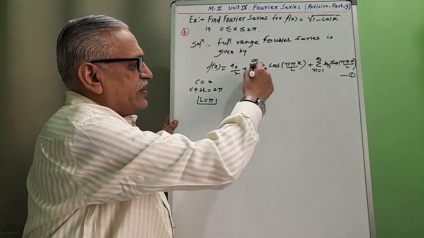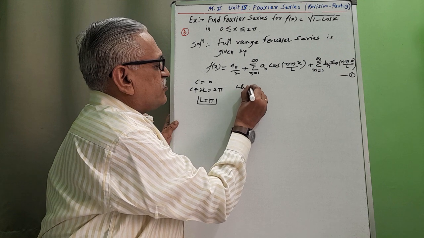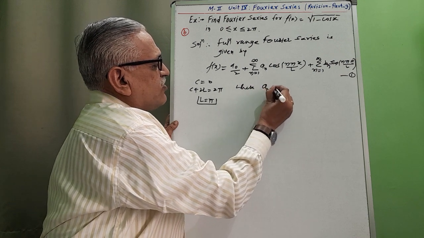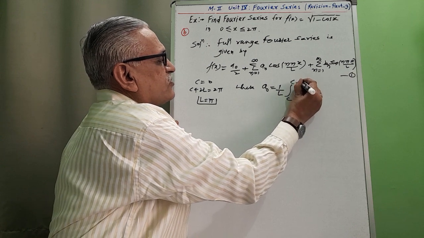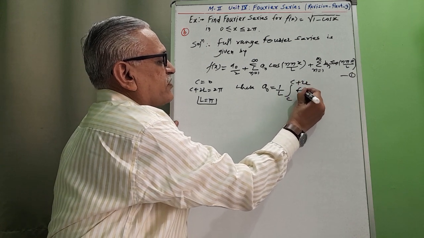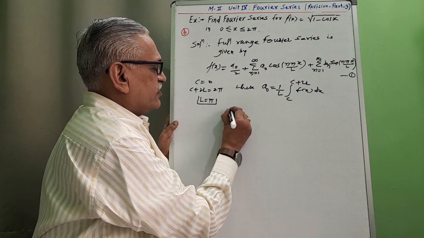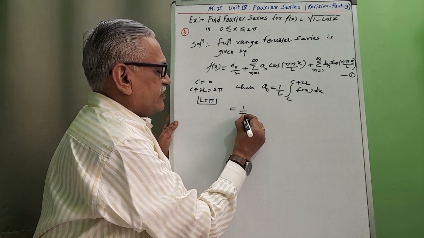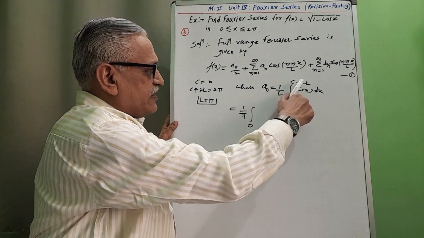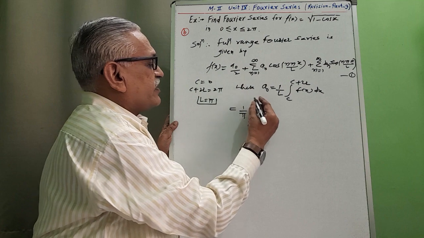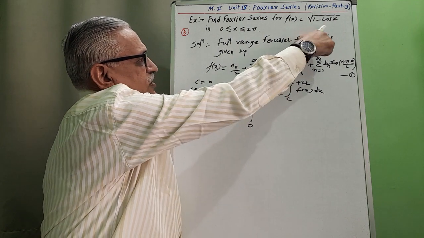Then we require to obtain the Fourier coefficients, where a0 is given by the formula 1 by L integration from c to c plus 2l f of x dx. Therefore it is 1 by pi, the lower limit is 0, the upper limit is 2 pi, and the function is root of 1 minus cos x.